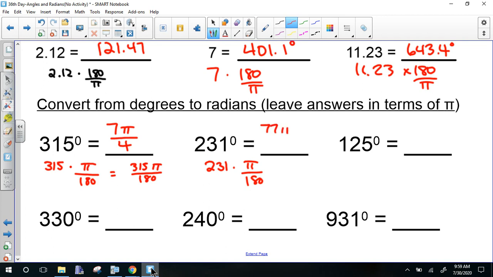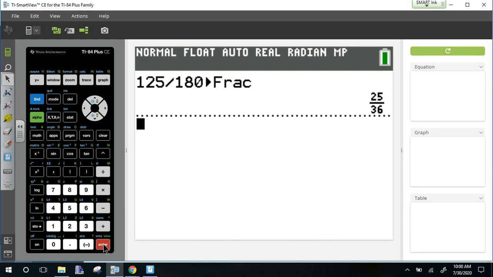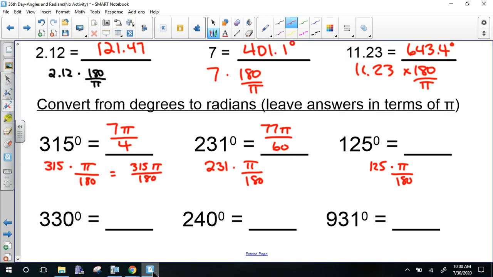So this is 77 pi over 60. Next, 125 times pi over 180. 125 divided by 180. Math, enter, is 25 over 36. And we leave pi in our answer.